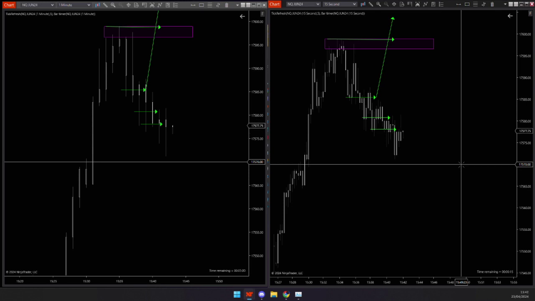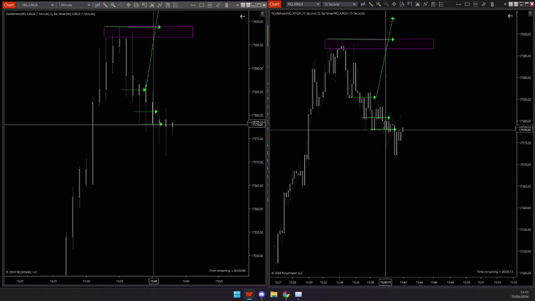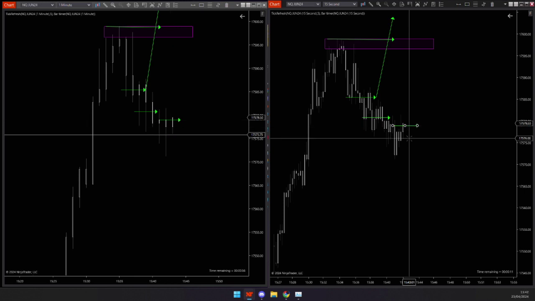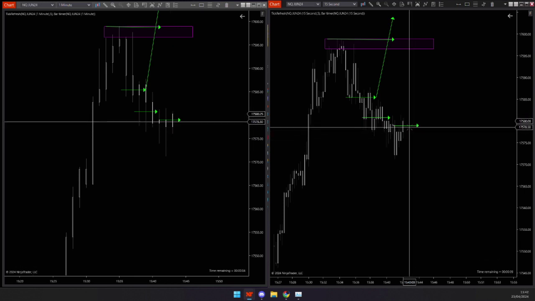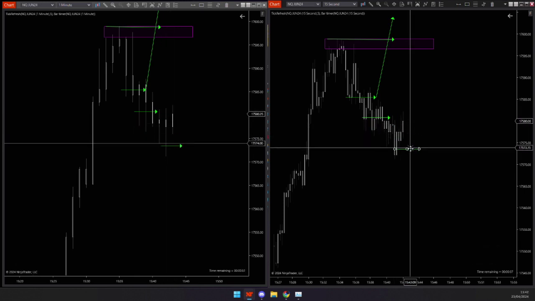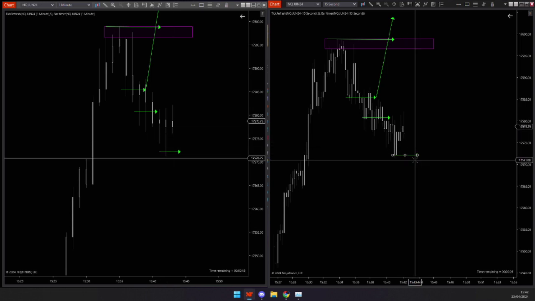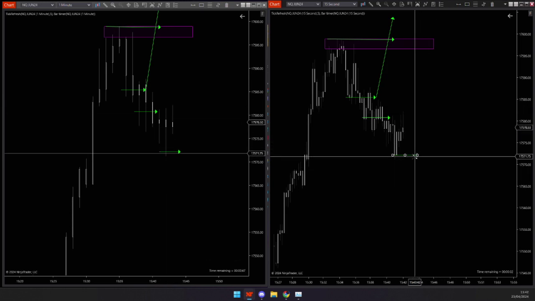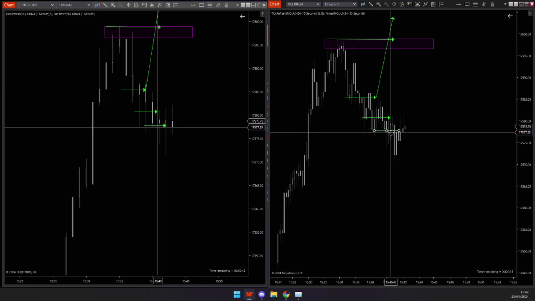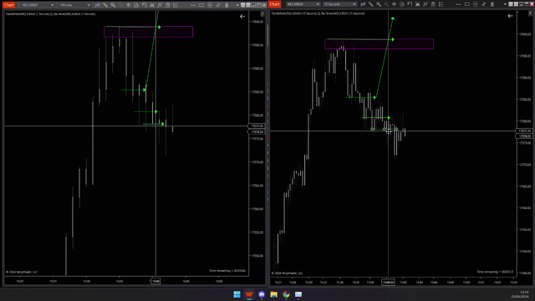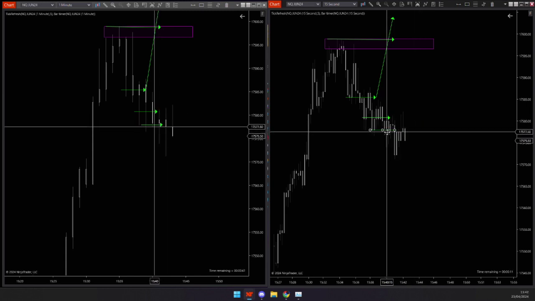Depending on how we close, I'm looking for a closure above that high there to signify a pullback, and then for price to close below this low to get that fourth swing, and then you can now look for a counter trend move. And no, we didn't get none of that yet.